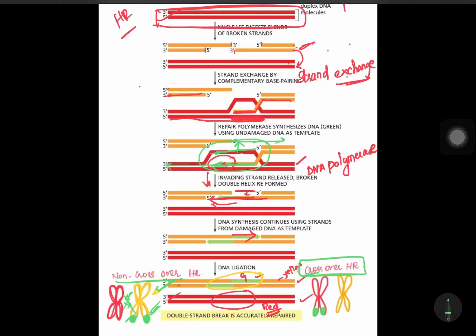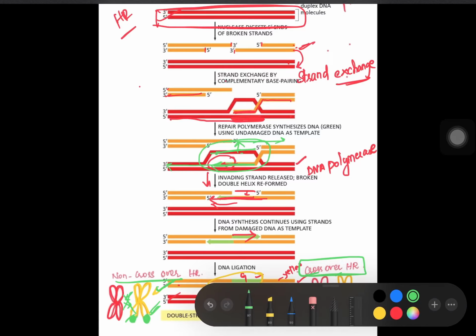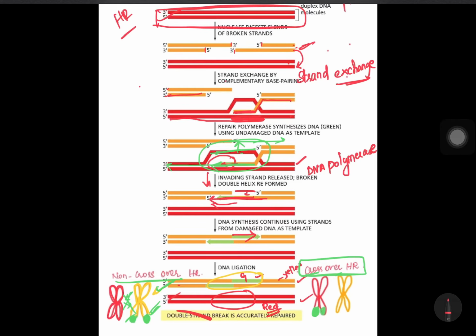You understand? So in that condition, it is called the crossover method, and hence this corrected sequence will come here and the sister chromatid sequence will join here. So this is called the crossover homologous recombination method. Okay, so this is very good, and here there will be a chance of mutations to occur.